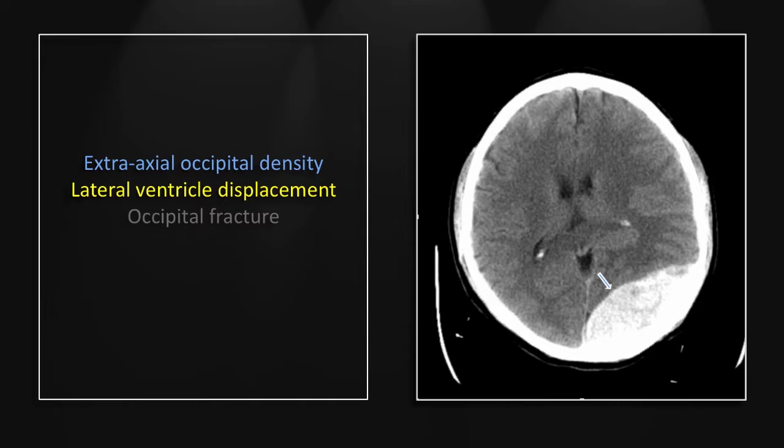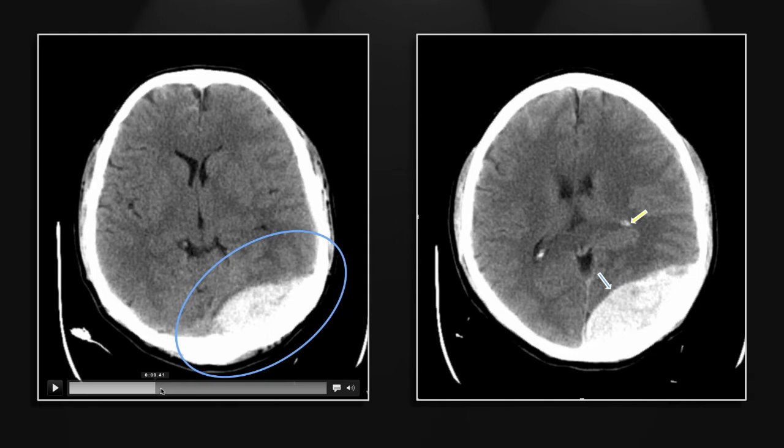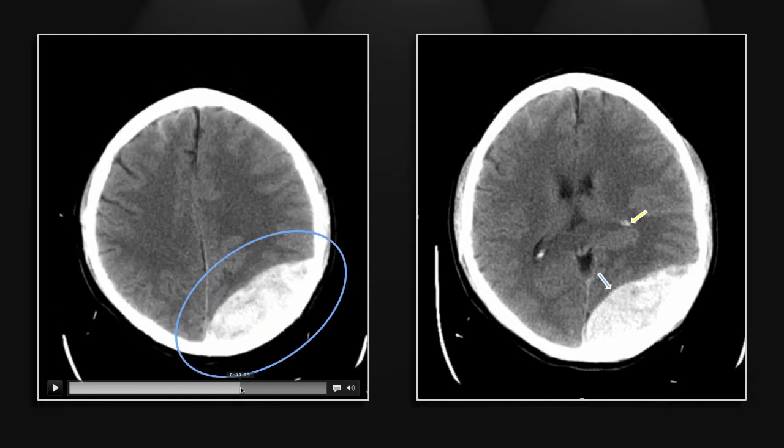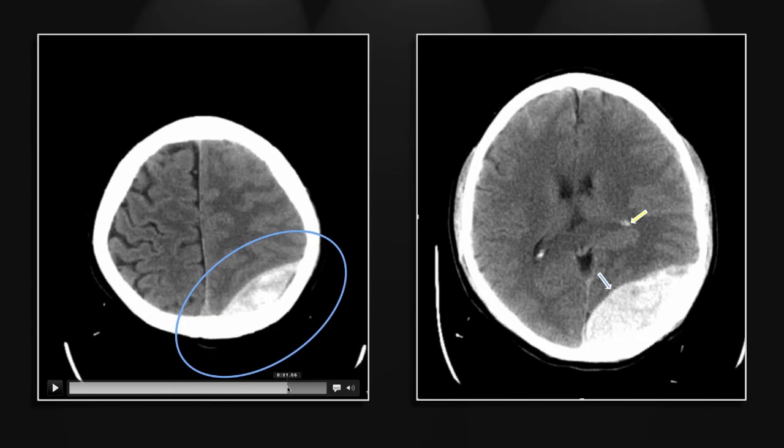There is significant mass effect, as you can see reflected in this anterior displacement of the calcified choroid plexus of the left lateral ventricular atrium. There are significant infratentorial and supratentorial components to this bleed, as you would expect given its origin in the injured transverse sinus.